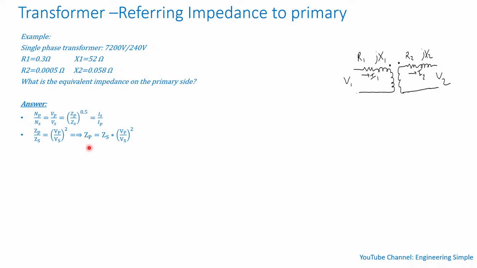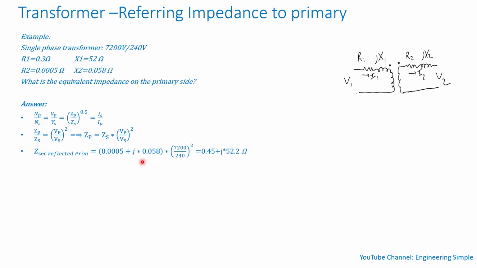So then if I rearrange this equation, the primary impedance is equal to the secondary impedance times the ratio of the primary voltage divided by the secondary voltage, quantity squared. So now just the secondary impedance reflected to the primary.